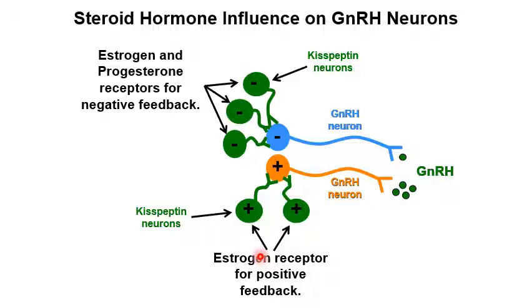The positive feedback from the estrogen will send a positive signal to the GnRH neurons to produce more GnRH. So there are certain stimuli from the environment or from the metabolic signals that can send a positive or negative feedback to the Kisspeptin neurons and to the GnRH neurons.